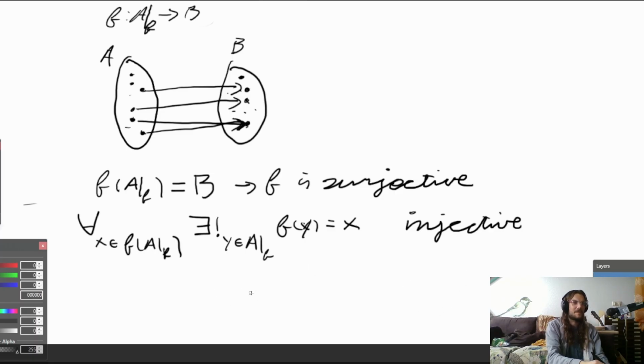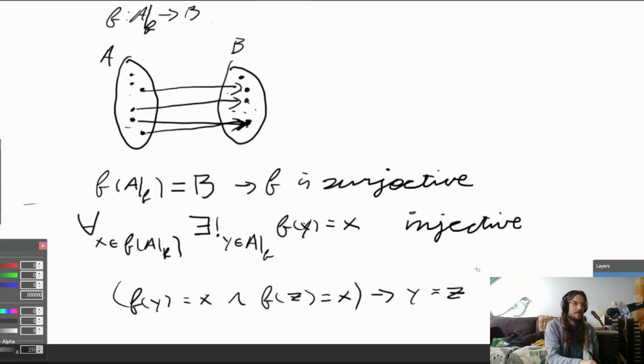So what does that mean? It means that there are no double hits like this one. And this is actually a place where the unique quantifier is useful, although you can also write it without a unique quantifier by saying if f of y equals x and f of z equals x, then y equals z. But this is a lot more bulky, because you also need another quantifier for the z.